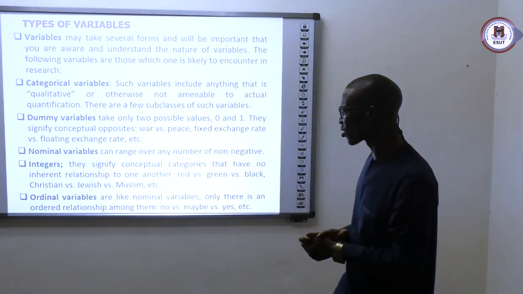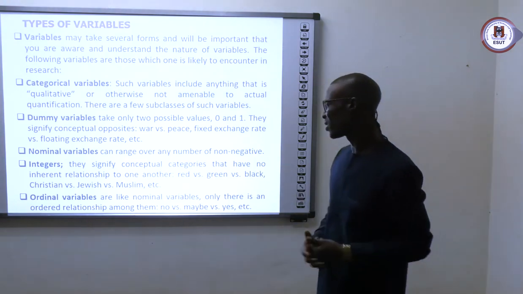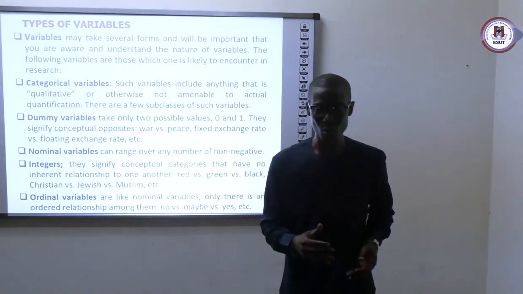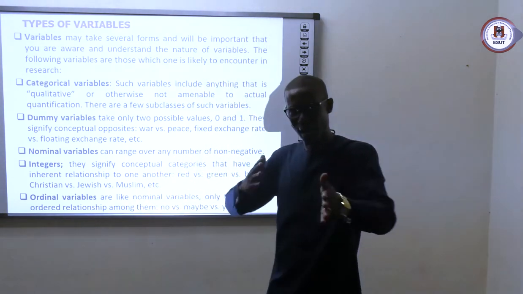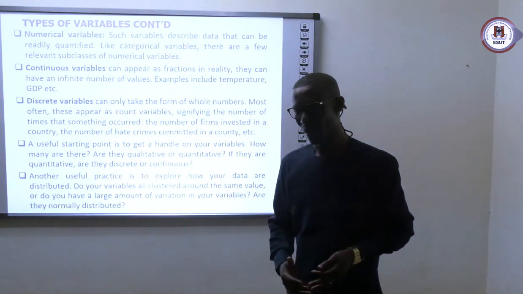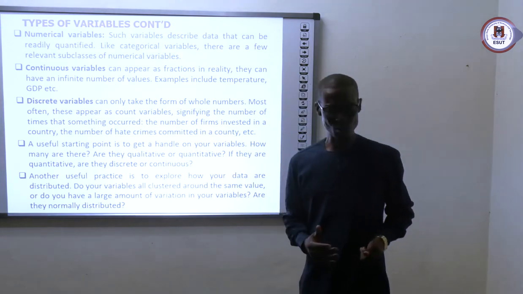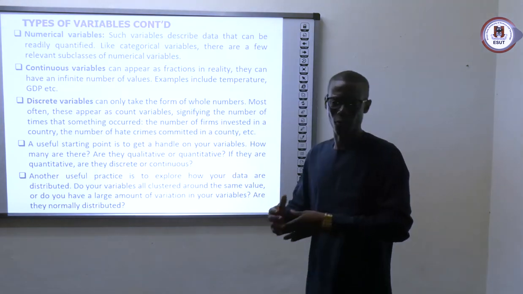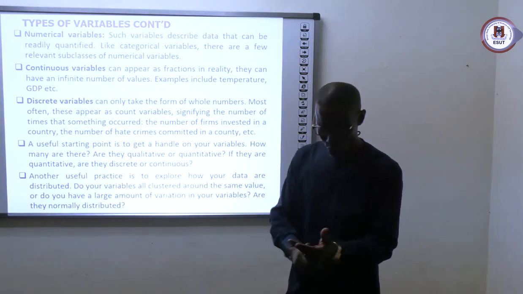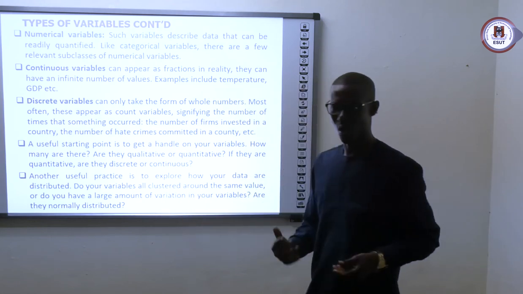The other one is the ordinal variable. Why is it ordinal? An ordinal variable is a qualitative variable, but we order the categories in order to be able to measure them. That is why we call it an ordinal variable. For instance, take religion. We could classify religion into four or more categories: Christianity, Muslim, traditionalists, Hindus, depending on your classification.